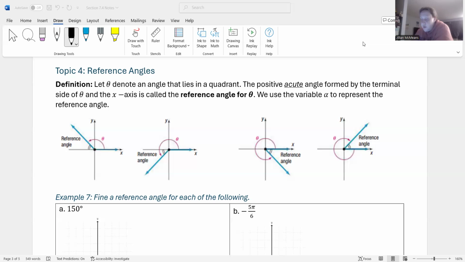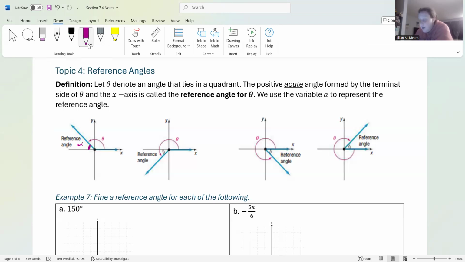For this first drawing, we have an obtuse angle. The terminal side lives in quadrant 2. So you can see we have theta, okay? The space between the terminal side of theta and the x-axis is what we would call alpha, our reference angle.